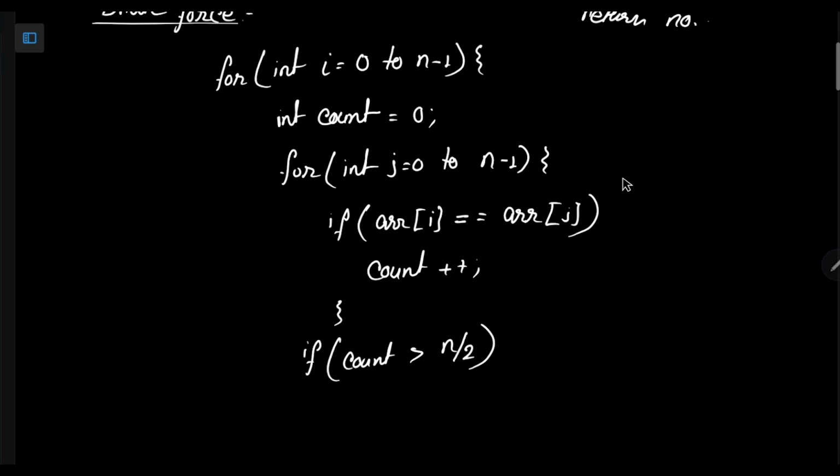If this is true, then we just return array of i, and here our brute force will end. We will see it in code. Now this brute force approach takes big O of n square, which is a very big time.